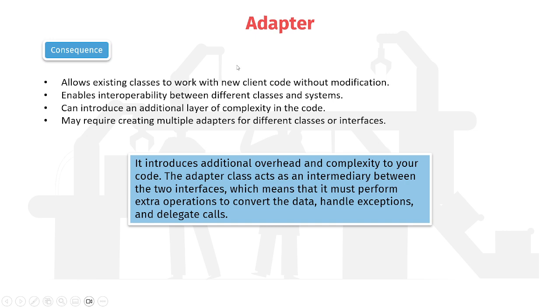So yeah, there are some trade-offs, but the problem it solves is much greater than the problems it has. As with all the other design patterns, there are some good things, there are some bad things. So depending on your problem and the solution that you want, you can decide what is the pattern that you want to implement, right?